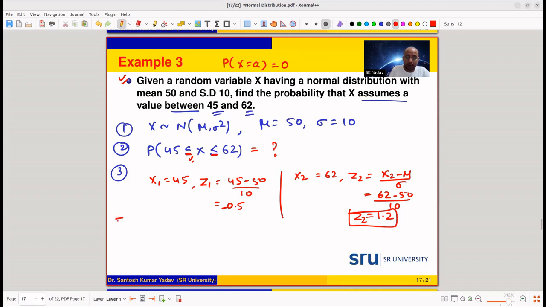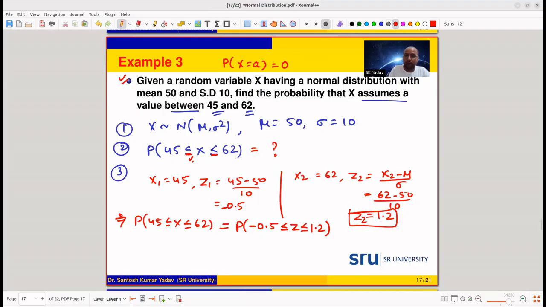So this means your P of finding 45 less than or equal to x less than or equal to 62 is changed to the probability of finding minus 0.5 less than z less than 1.2.